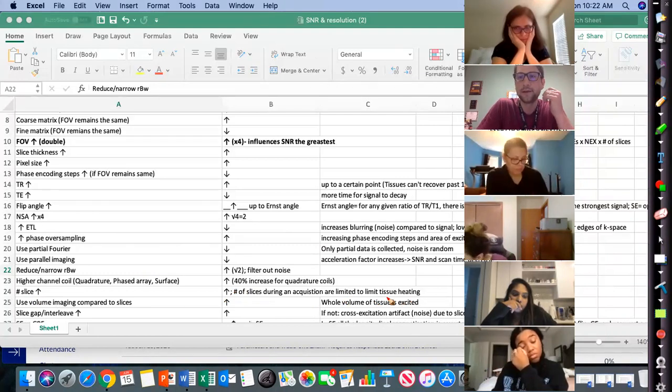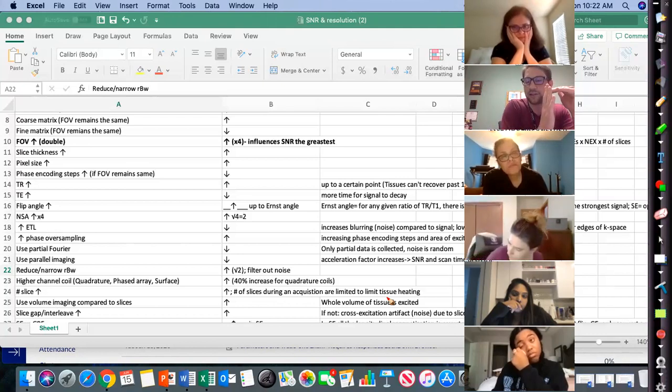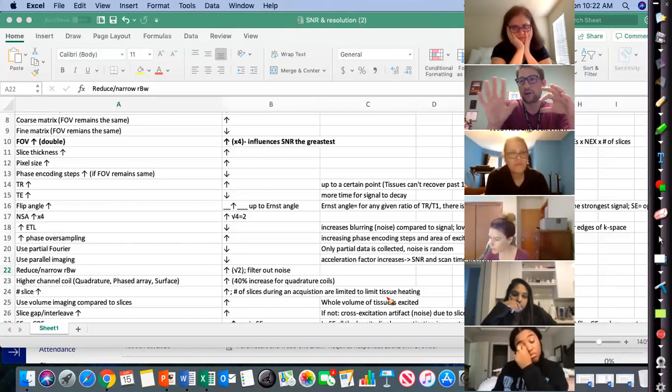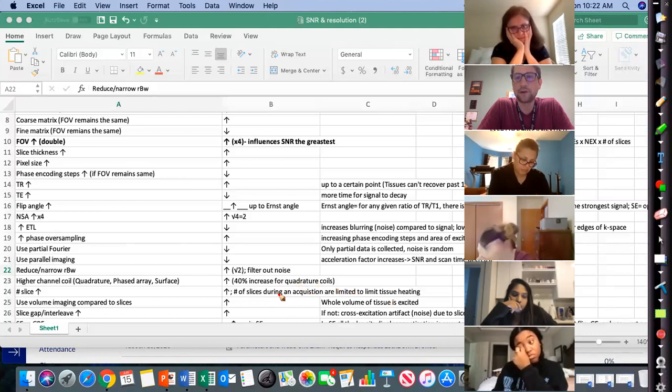That's why when you really reduce your TR, sometimes it asks if you want to change your number of slices. It's a good reminder that you can only image a certain number of slices per TR.